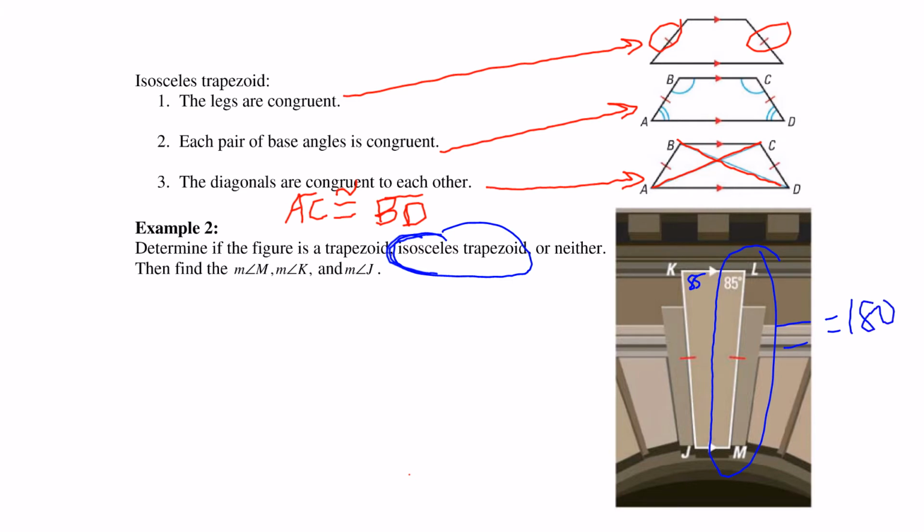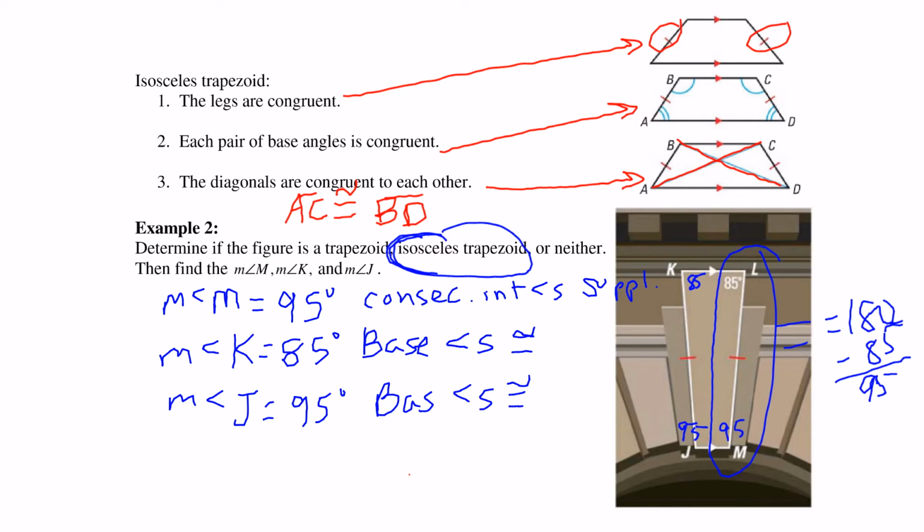So I take 180 minus that 85, and we are left with 95 degrees. That's what each of these angles will equal. Since my base angles will be the same, my angle J will also be 95 degrees, which I can't really draw in there very well. You can see I put the reasons on there for why we knew those measurements, so make sure you put that on your paper as well.